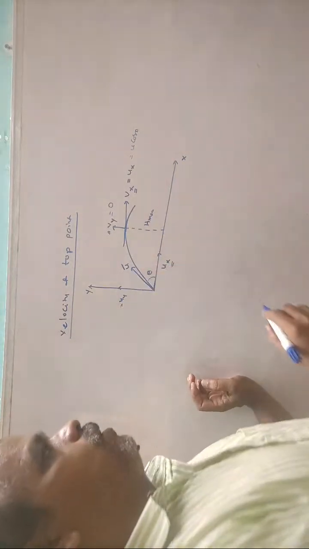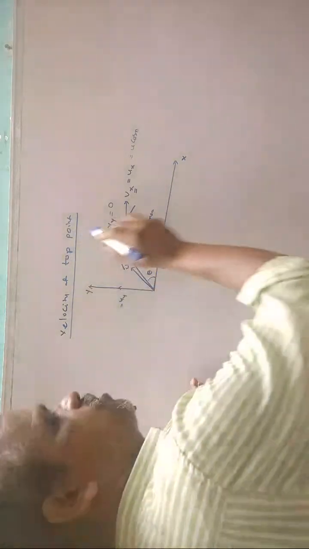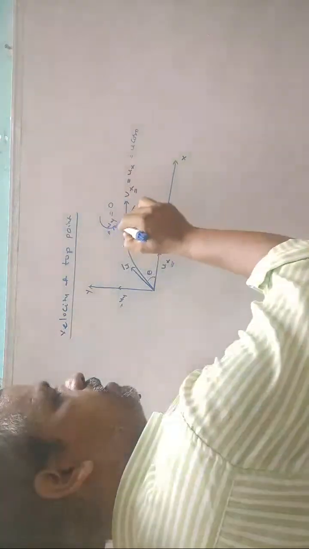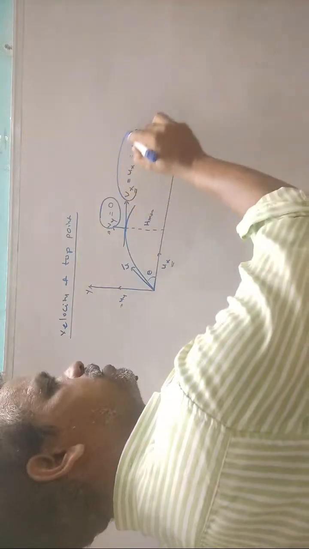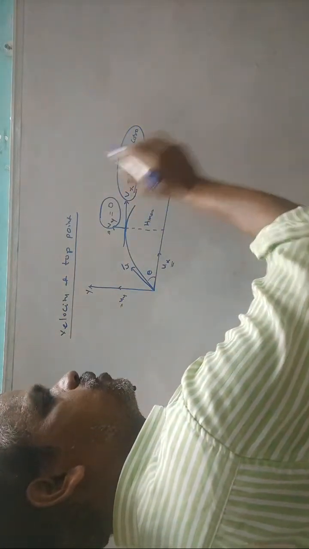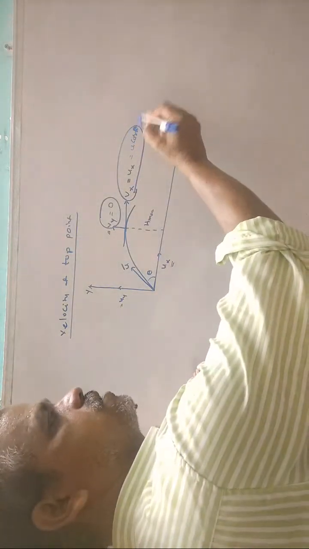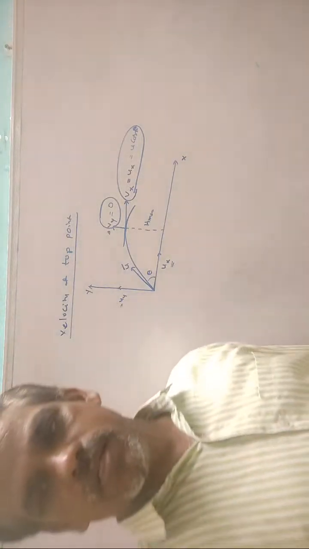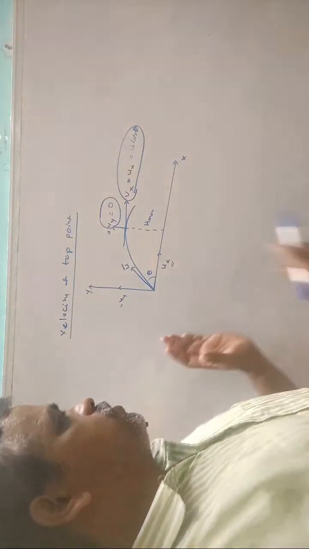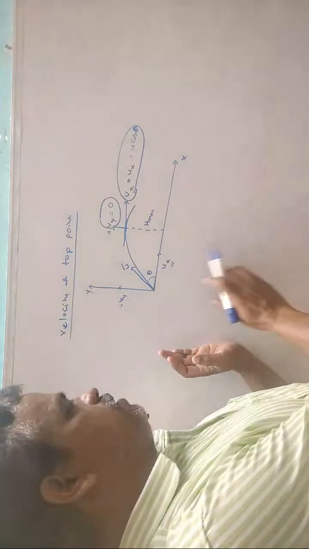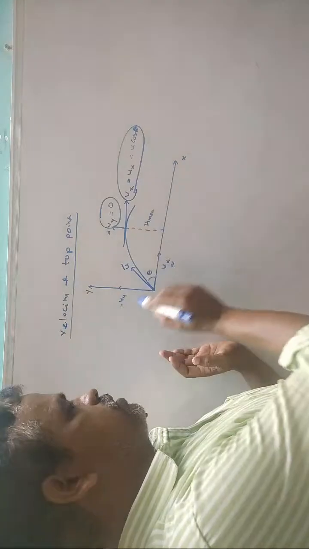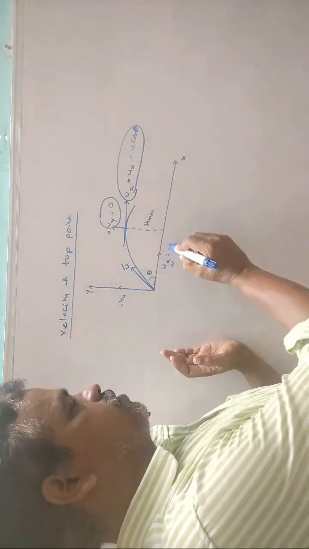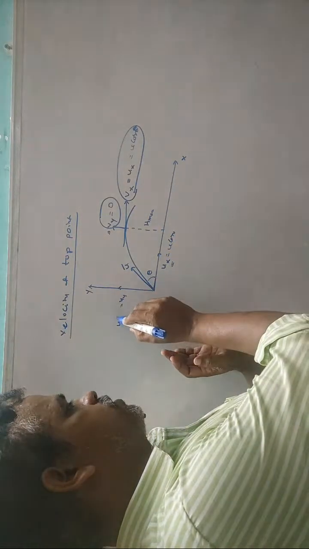So my question is, velocity at the top point: the vertical component of velocity is 0 at the top point, and the horizontal component of velocity is equal to u cos theta. You have to remember this. You just draw this figure simply. Initially it has an initial velocity u, it has two components ux and uy. ux is nothing but u cos theta, uy is nothing but u sin theta.